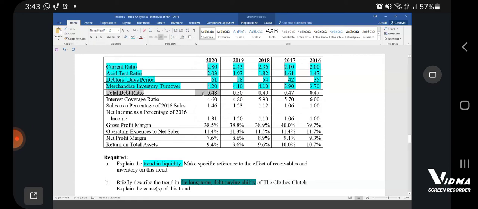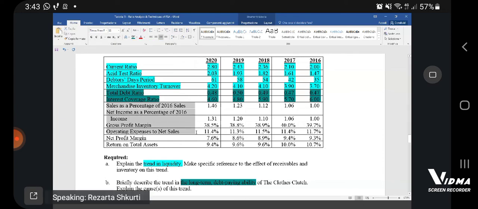This part over here relates to long-term debt paying ability or solvency, and probably the profitability is related to this part over here. Of course, we have interconnection between ratios, but you know where to look for each of the requirements.